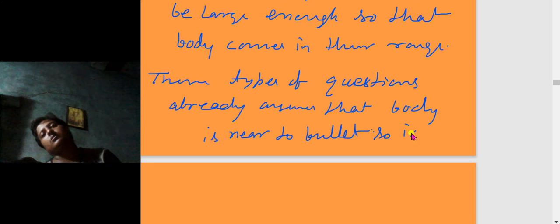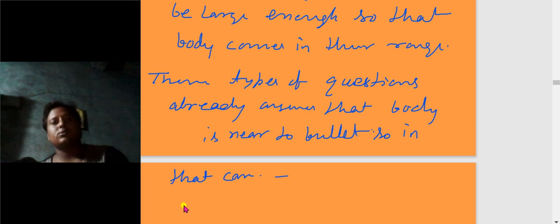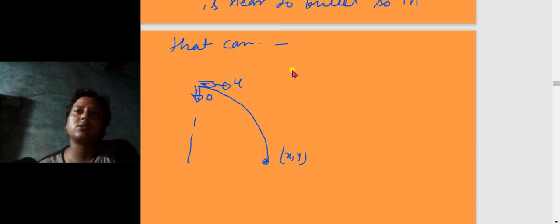So in that case, if there is a bullet moving with a speed u, due to gravity it falls downward. As vertical downward speed is 0, in time t, if this coordinate is xy, y is half gt square.